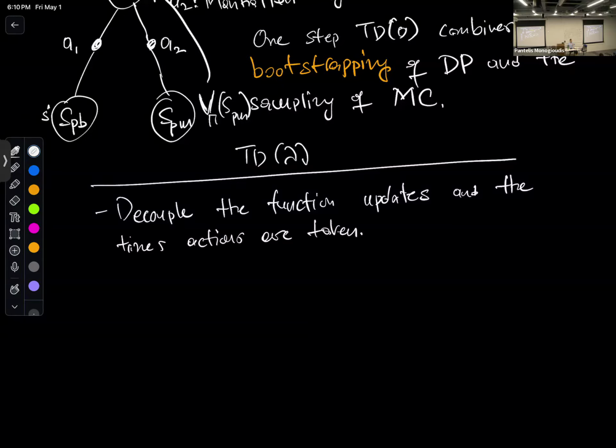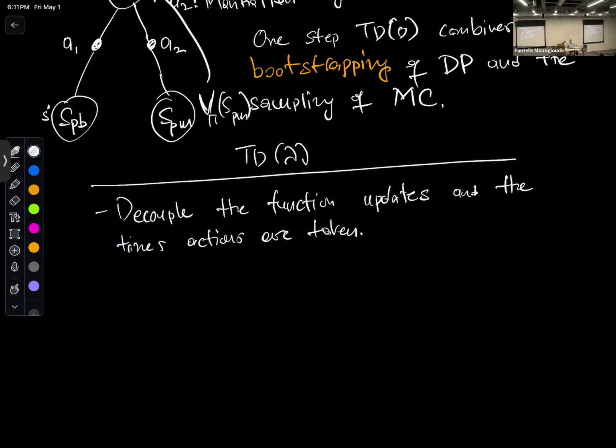In other words, let actions go, and then selectively I will choose, using this lambda, how the updates will happen. Some kind of weighting, averaging is going to happen based on the expectation backups.